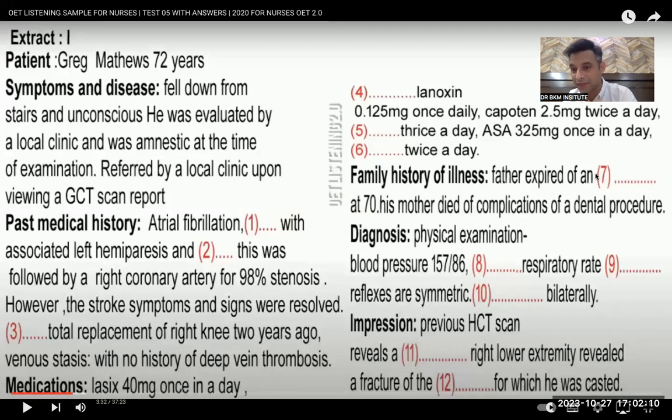So basically, they have given it wrong. This word should be a. This word should not be an. Again, that is what I'm saying. Do not trust listening material too much. You practice it, you enjoy it, but don't take stress. This an doesn't go with myocardial infarction, because myocardial starts with m, so the sound is myo.